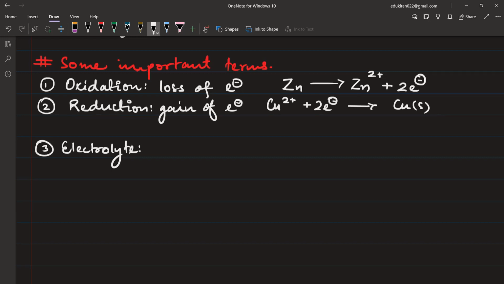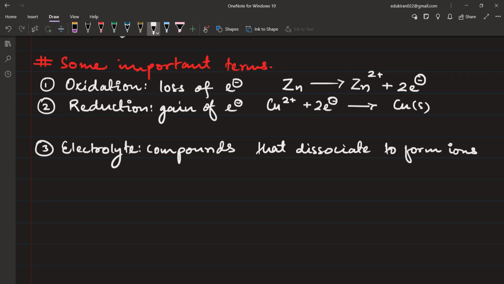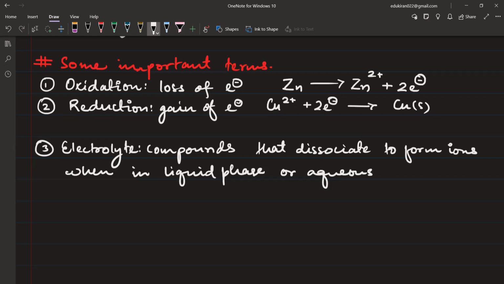Compounds that dissociate to form ions when in liquid phase or aqueous phase. Please write that down. If you liquefy it, then also it is going to dissociate, and if you add water, then also it is going to dissociate in aqueous phase.